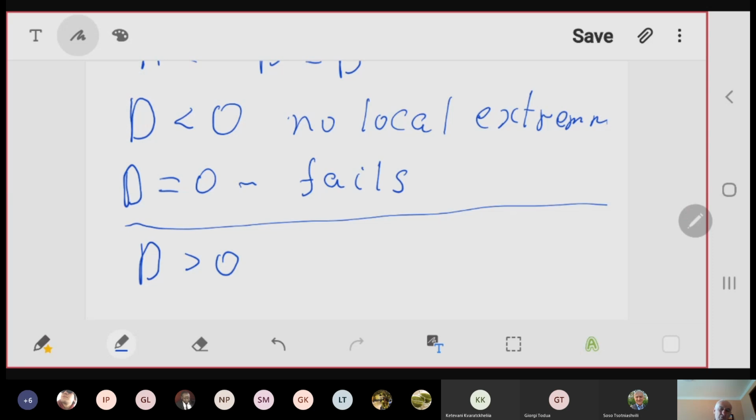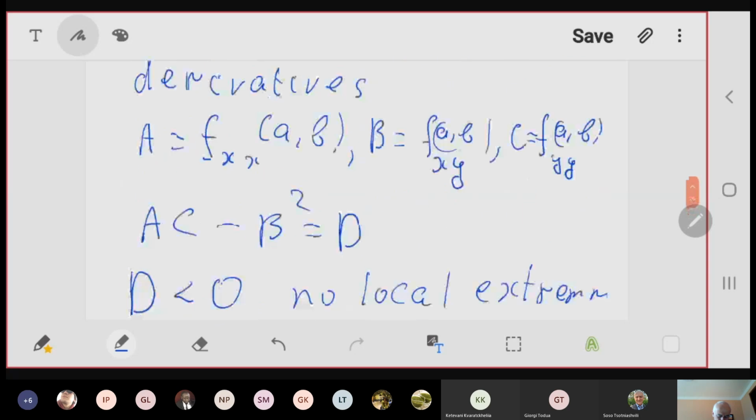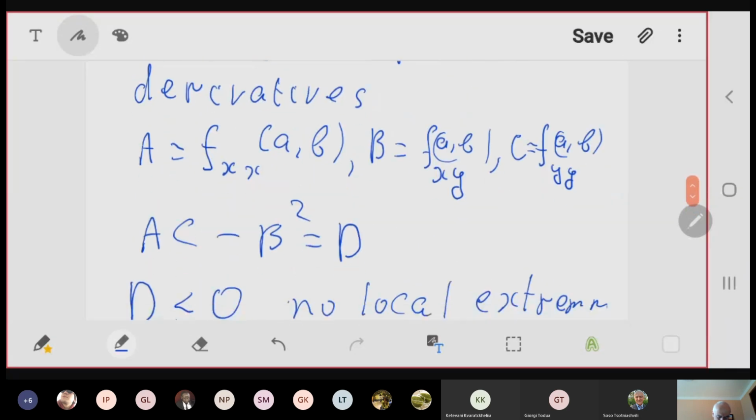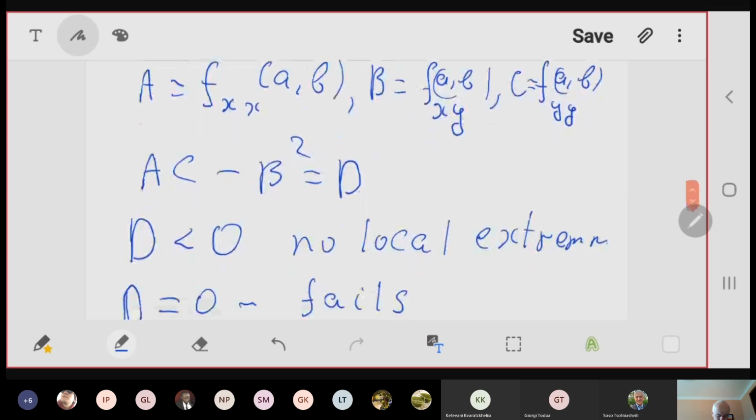But now we should determine whether this local extremum is a local maximum or a local minimum. And it depends on A. As you remember, by A we denoted the second order derivative by x.